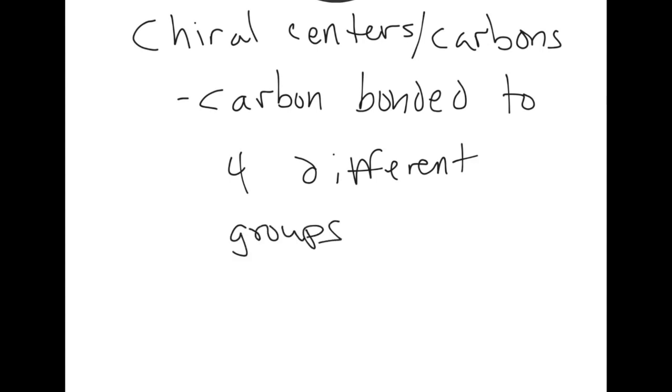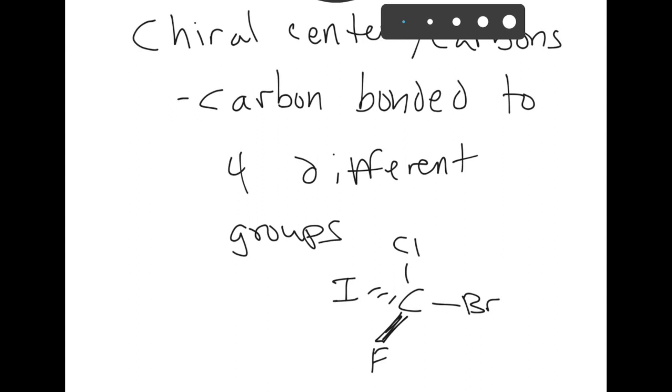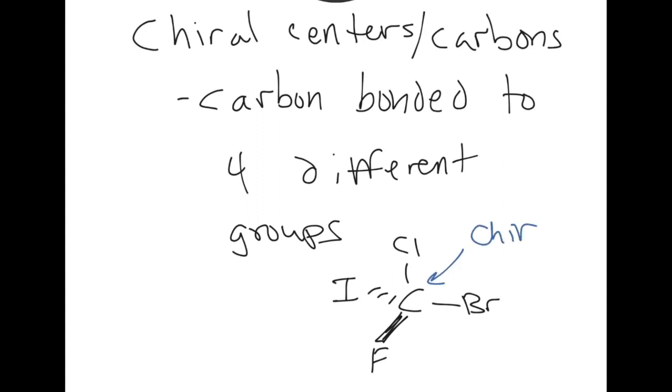So it's that the four groups that the carbon is bonded to are unique. There are none that are the same. So something like chlorine, bromine, fluorine, iodine. This carbon is chiral because it is bonded to four different things.